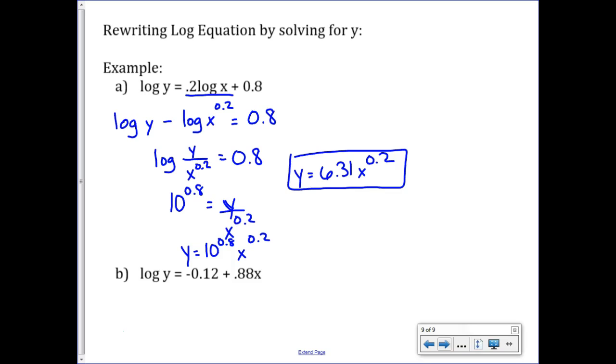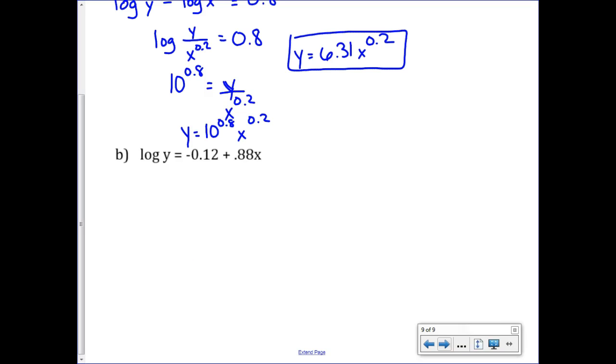All right, and then b. So I only have 1 log here, so I can go ahead and start to try to get rid of that log. Well, I have a log base 10, so I can then raise everything to the 10th power. So I have 10 to the negative 0.12 plus 0.88x equals y, and I can put that y equals on the other side. So then, since both of those are raised up, I can separate them.